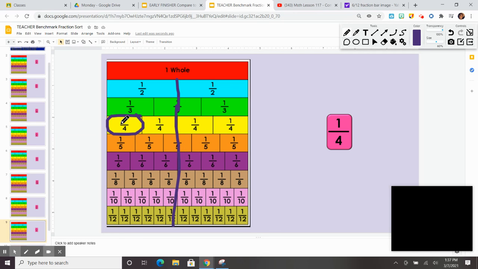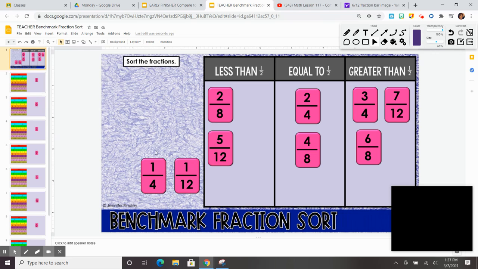I know that if I had 1/4 plus 1/4, it would be equivalent to 1/2. But I only have 1/4. So that means that 1/4 is all the way back here, and it's closer to 1/2. Okay, so I'm going to delete that, go back up, if it stops freezing. So I know that 1/4 is less than 1/2.